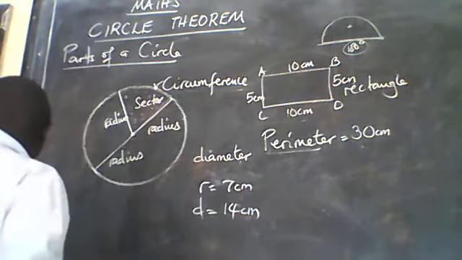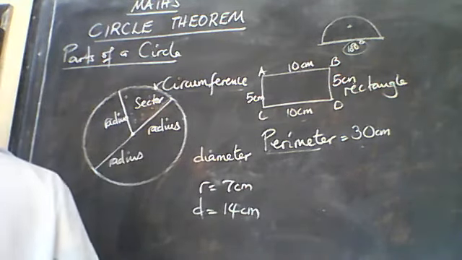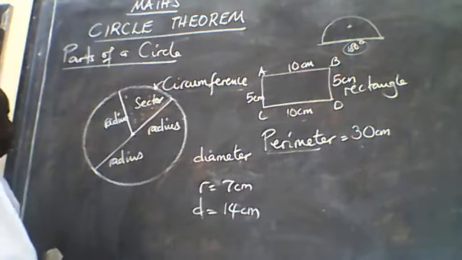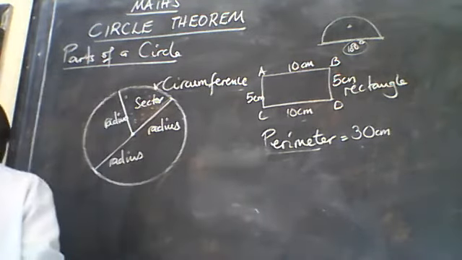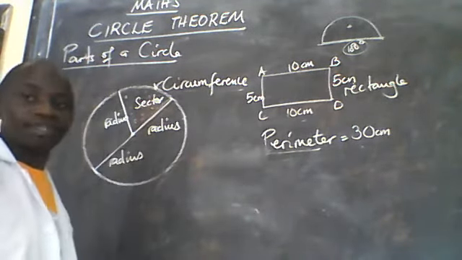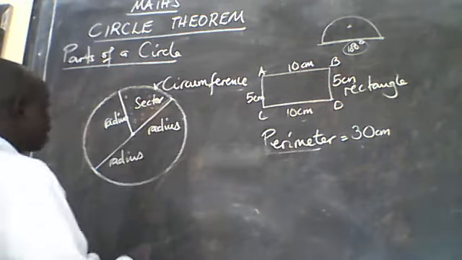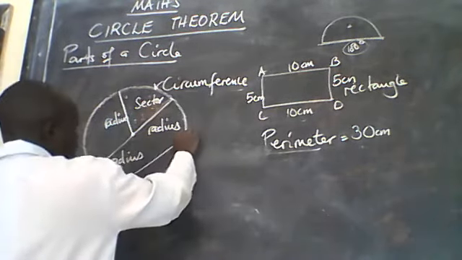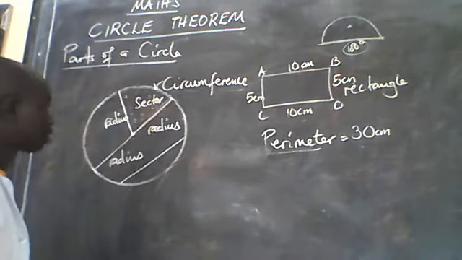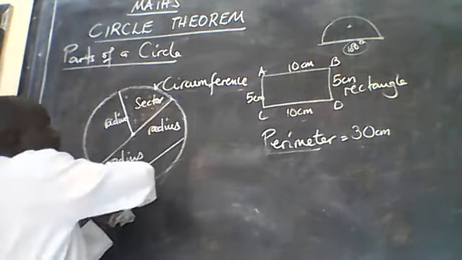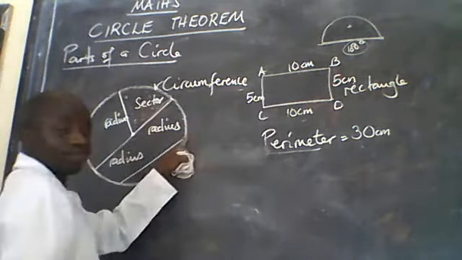We move on to the next item. We now have another line which is not passing through the center, but is from one end of the circumference to the other end of the circumference.